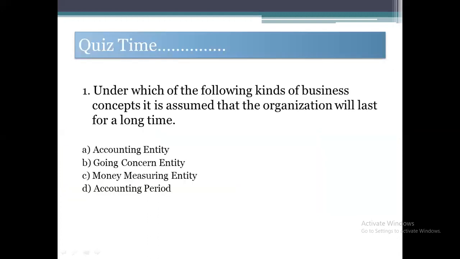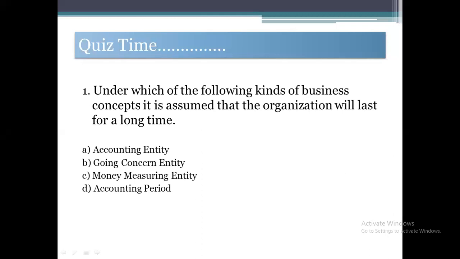Here is the first question. Under which of the following business concepts is it assumed that the organization will last for a long time? And what is the term I use for that? Going concern.